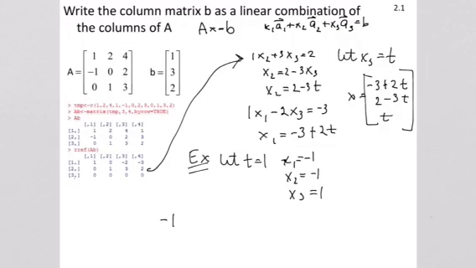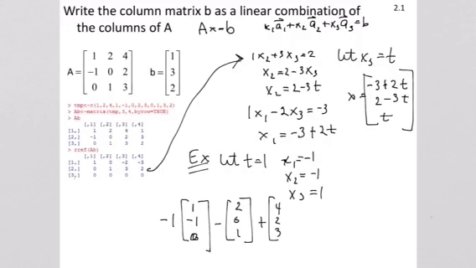We would have negative 1 times the first column of A, minus the second column of A, plus the third column of A, and that's equal to our column vector B. Is that true?